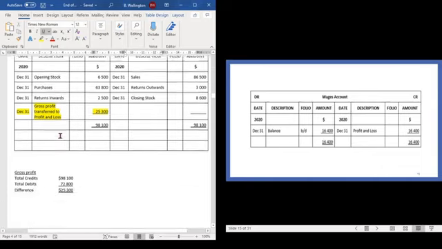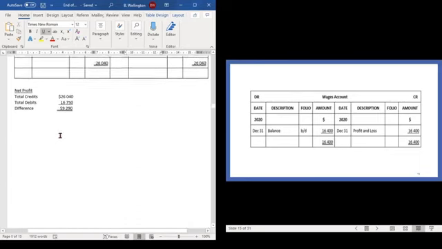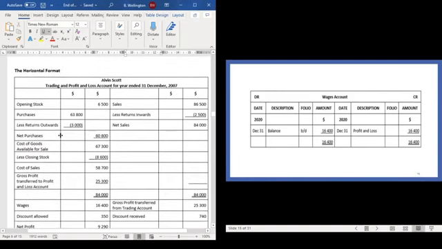Okay, now let's see how we want to show our trading and profit and loss account. Now this is the horizontal format of the trading and profit and loss account, where you have a debit side and a credit side. Okay, but you'll notice that we are making an adjustment to our sales by subtracting the returns inwards from it to arrive at net sales. Yes, net sales is one of those items that we want to show.